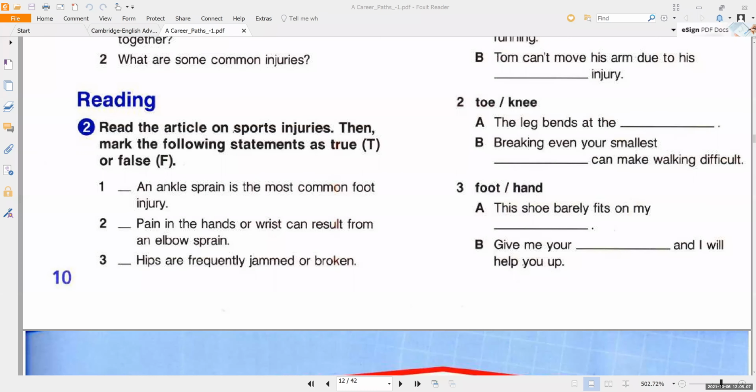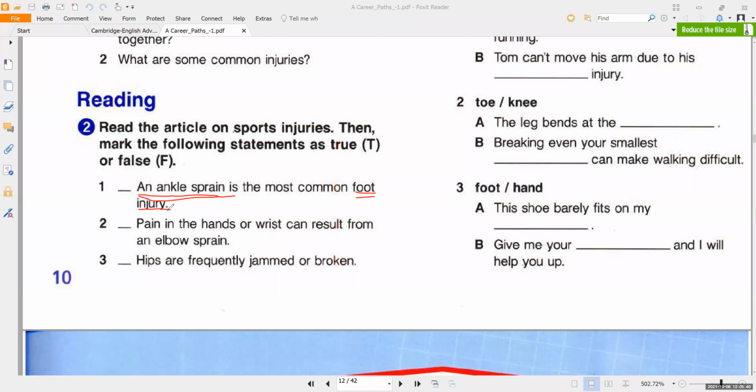Unit 4, Parts of the Body 1. Exercise 5, page 11. Journal of Athletic Medicine, Issue 84, Common Sports Injuries, by Dr. Mark Robbins. Athletes deal with injuries on a regular basis. Below are some of the most common sports injuries. Ankle sprain. This is the most common foot injury. It occurs when the foot rolls in a twisting motion. Knee sprain.